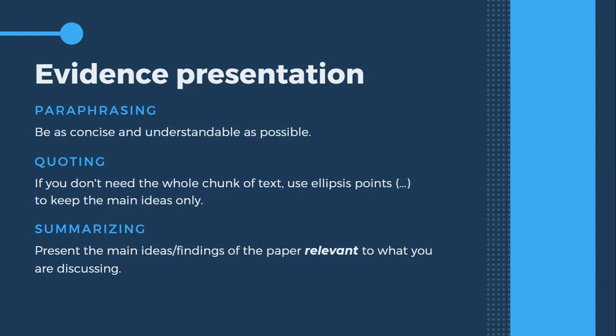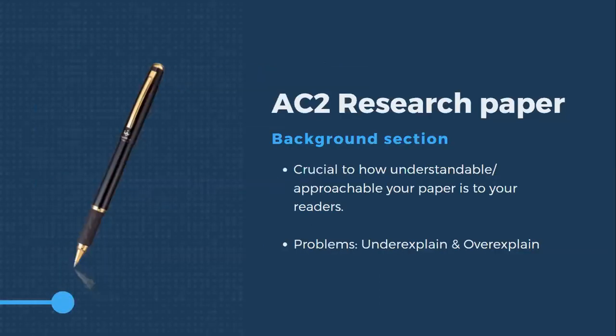So when you're summarizing, pick out only the relevant main ideas, relevant findings that you can actually use for the point you are discussing. Doing this will keep your evidence presentation concise and understandable, which in turn will make your paper more approachable to your readers.